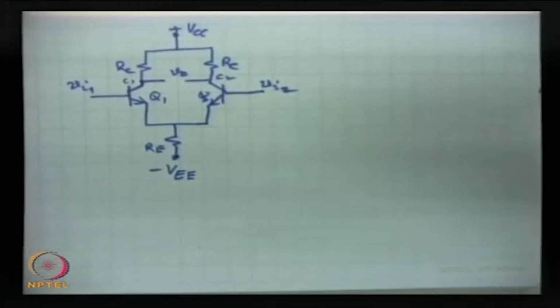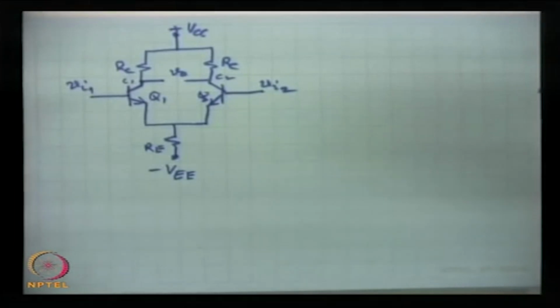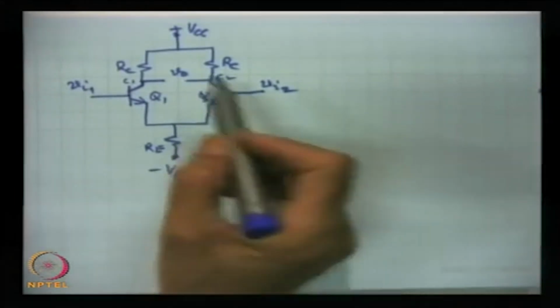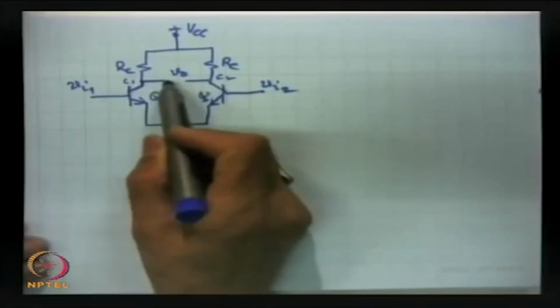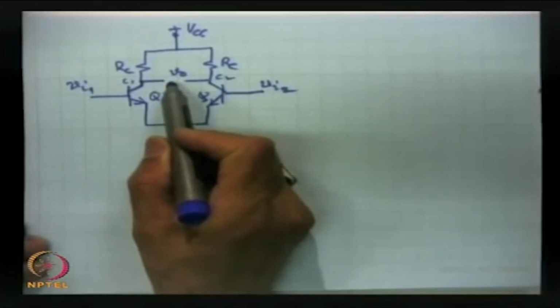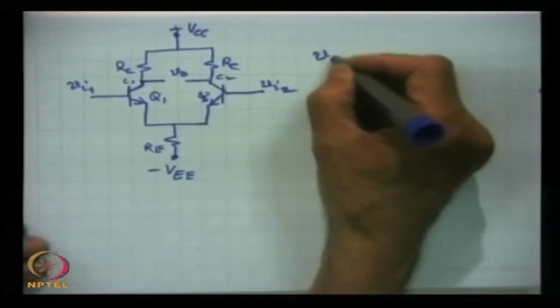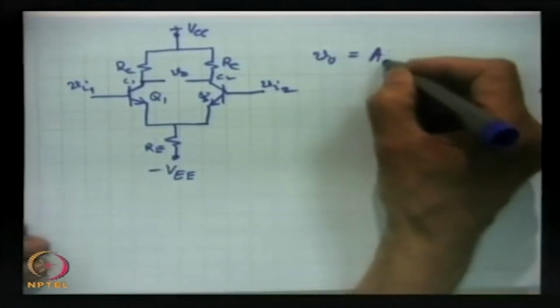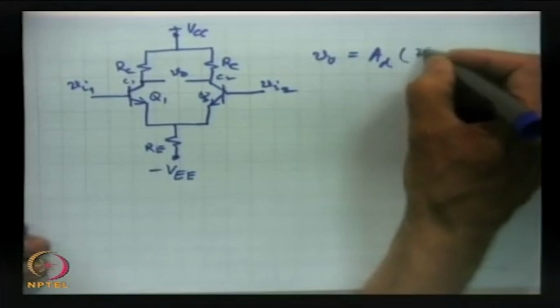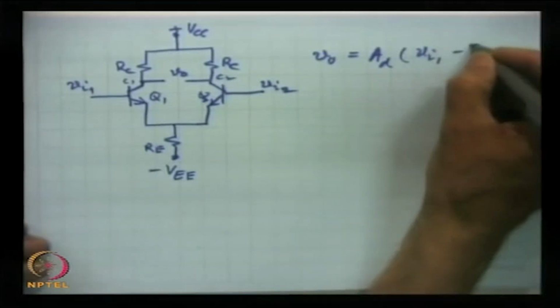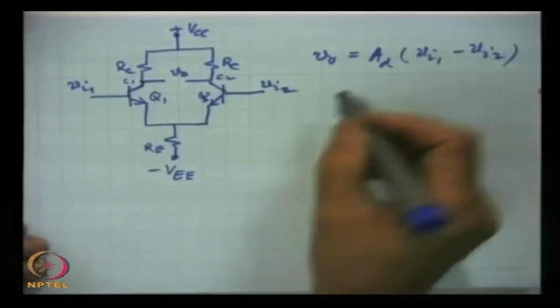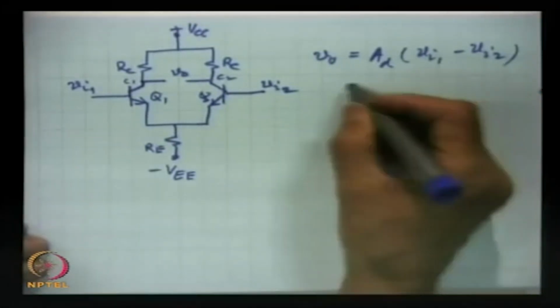So, we give two signals that differ slightly, say for example by 0.5 millivolt, and then we measure this output. The difference of the two outputs is supposed to be Ad times (Vi1 minus Vi2), in differential mode.